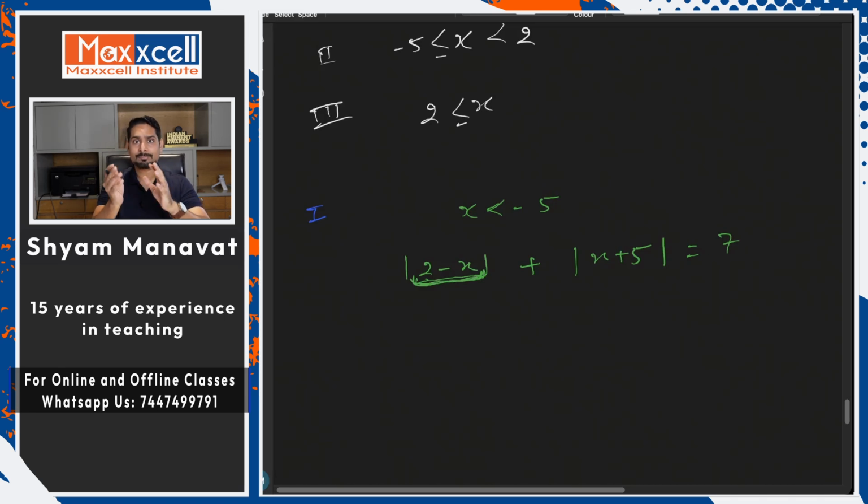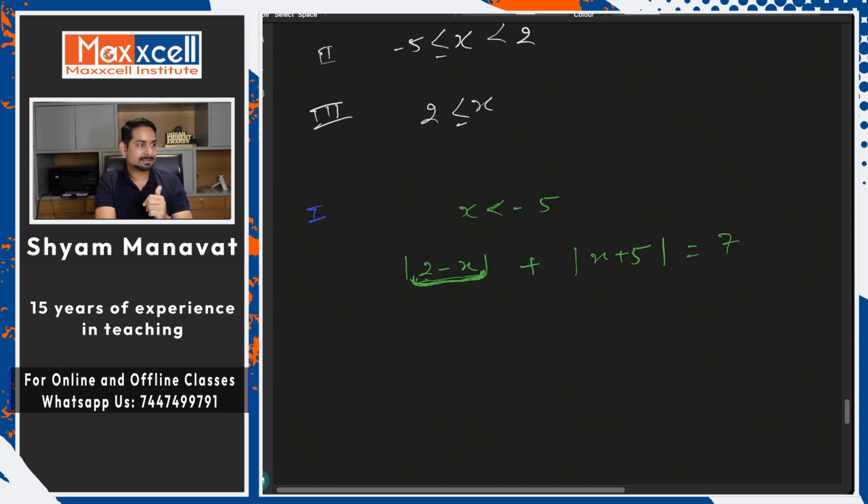Think about it. You don't have to think of left side of 0 or right side of 0. You can get rid of that concept, though it was important to understand in part 1. Take any random value less than minus 5, substitute it in each term, and see whether it gives negative or positive. Accordingly you can take the sign.